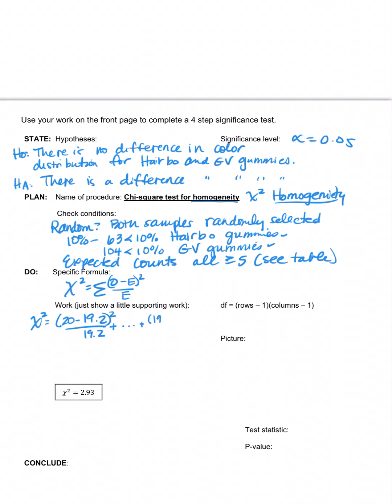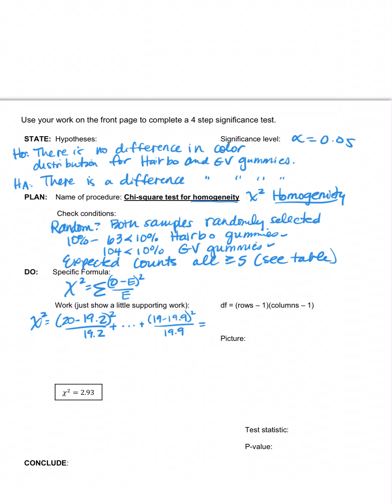This was 19 minus 19.9. Now I'm going to show you how to put this in your calculator in a moment, so I'm going to skip that technical part for now.